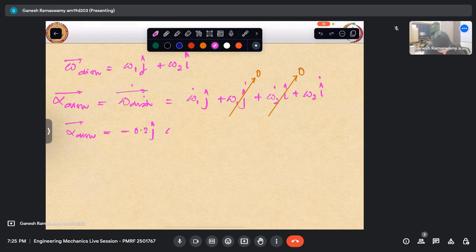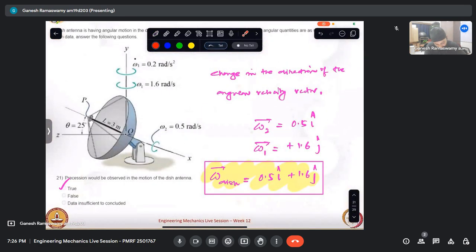Plus omega 2 into, let me write that again, n cap dot is omega crossed with n cap. So what will I cap dot be? I cap is changing because of this omega 1. At this instant I cap is like that, and then it will be like this, so it is changing with time.